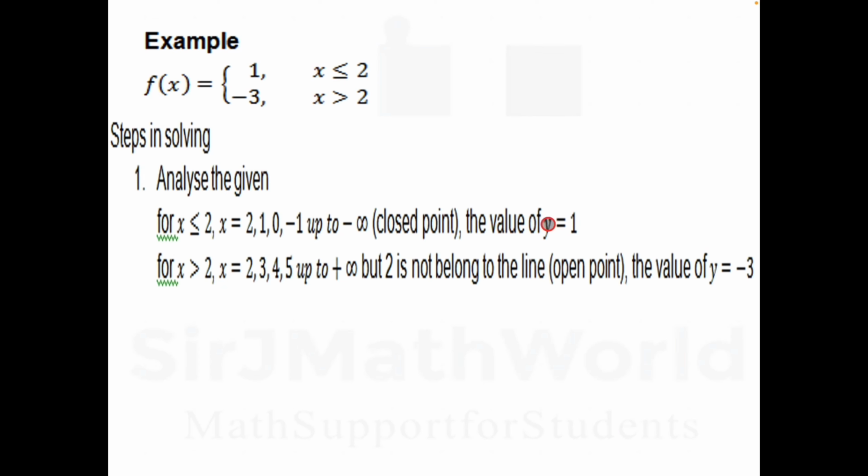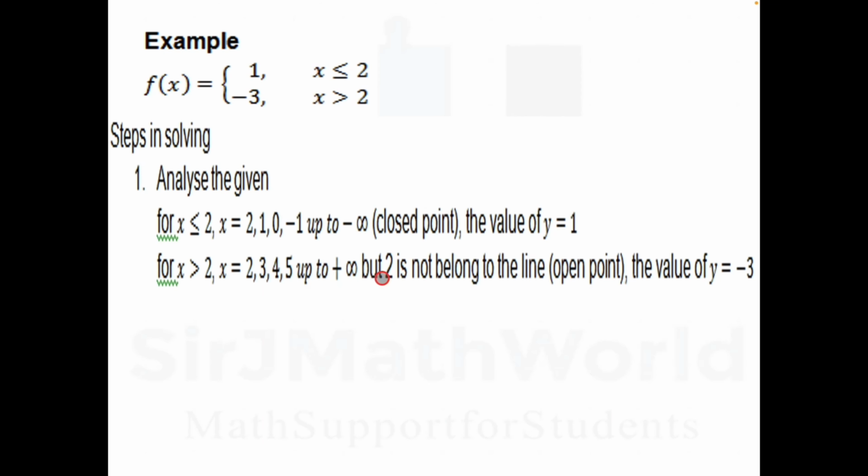So, the value of y is equal to 1. So, this will be the value of your x and this will be the value of the y. Now, for this case, we have here for x is greater than 2. The value of your x is 2. Although dito siya, pero hindi siya close point. This will be an open point kasi wala siyang guhit dito. So, start with 2, 3, 4, 5 up to positive infinity.